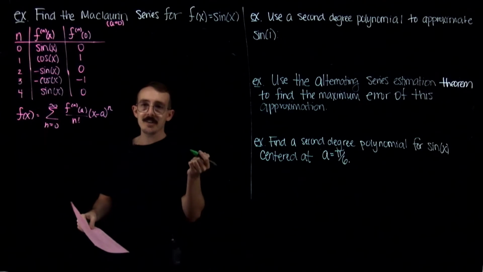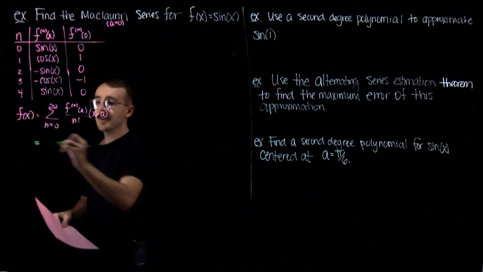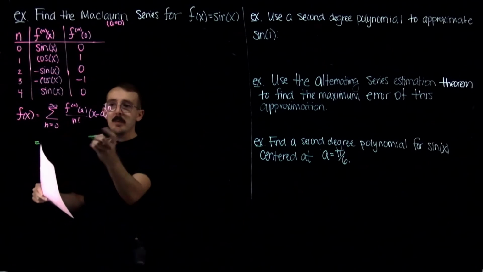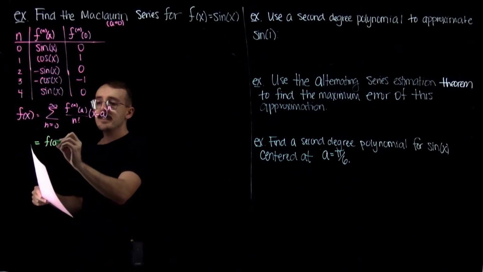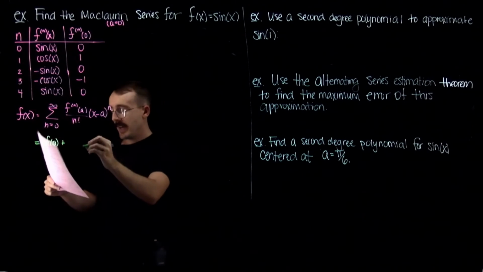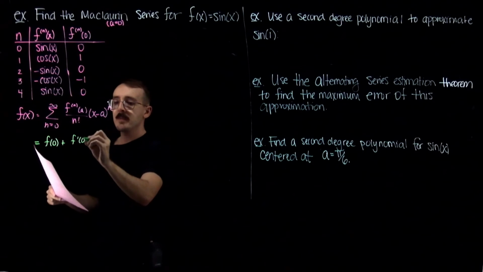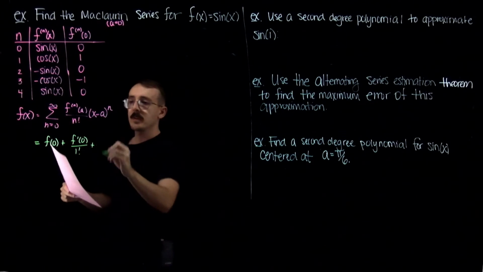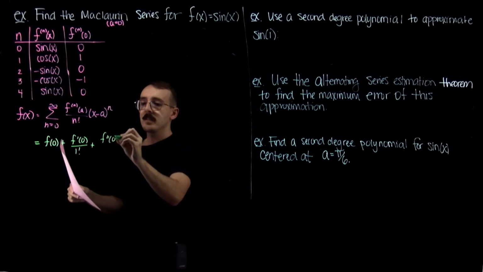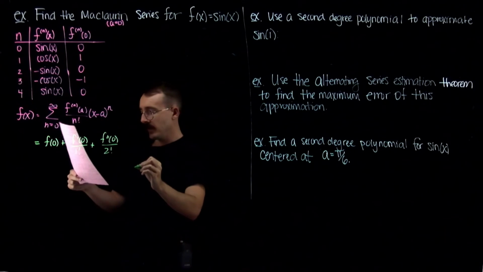Okay, so I'm switching colors here. I'm trying to see if this one will show up better. That looks pretty good for me. Hopefully it doesn't die. So remember, we wrote out what this is. This is simply f of 0 if I plug in n equals 0. Then if you plug in n equals 1, it's f prime of 0 divided by 1 factorial. If you plug in n equals 2, you would get f double prime of 0 over 2 factorial.